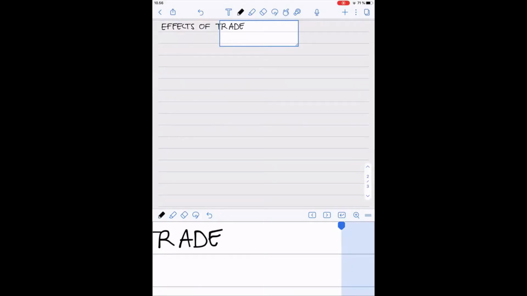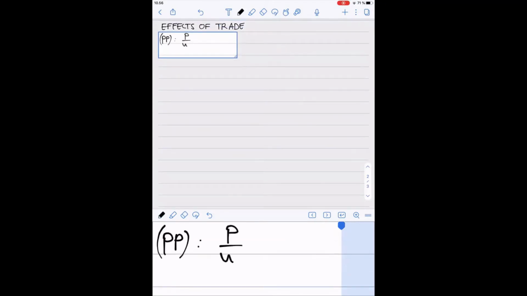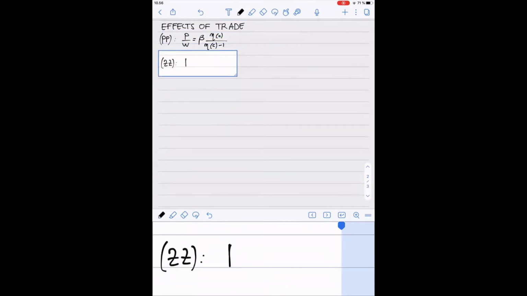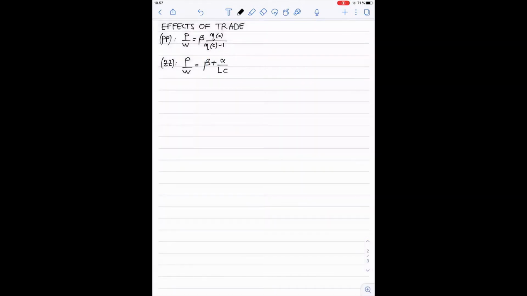So to study the effects of trade, let me first rewrite the various equilibrium conditions as well as the graph. And so the two equilibrium conditions, let's draw them on the plane that we discussed in the previous lecture.